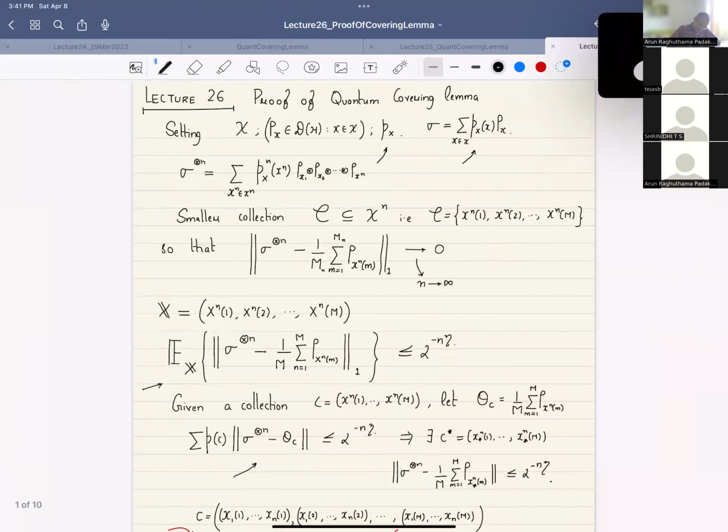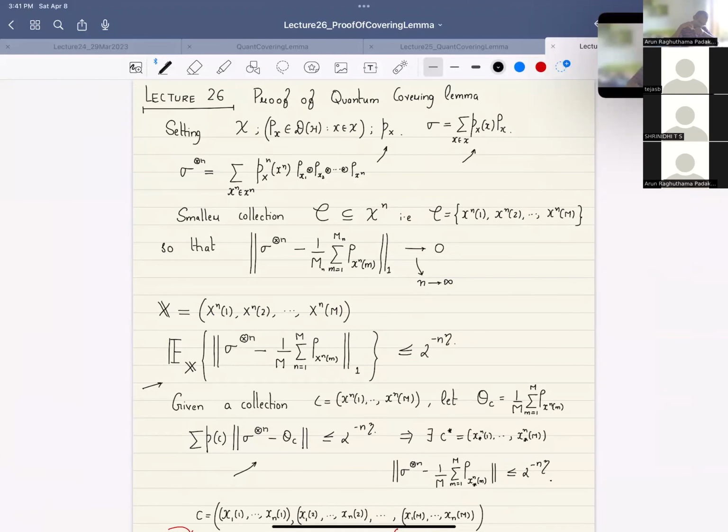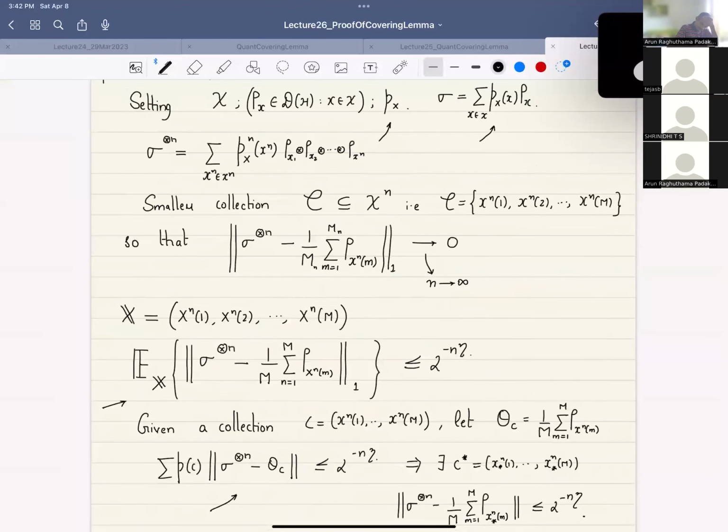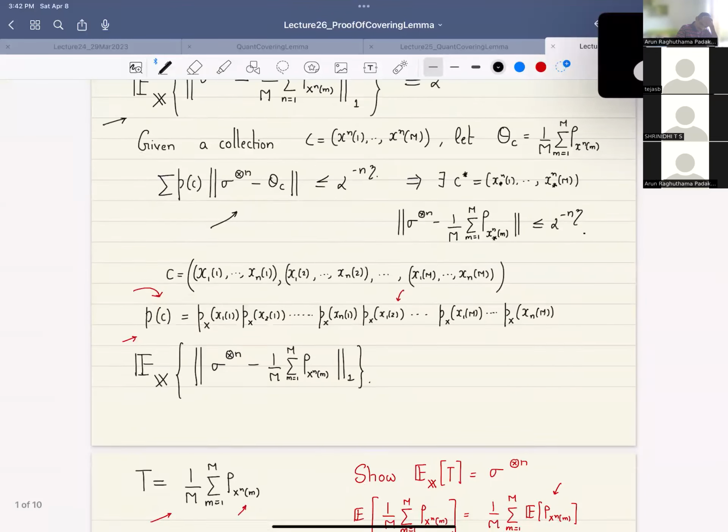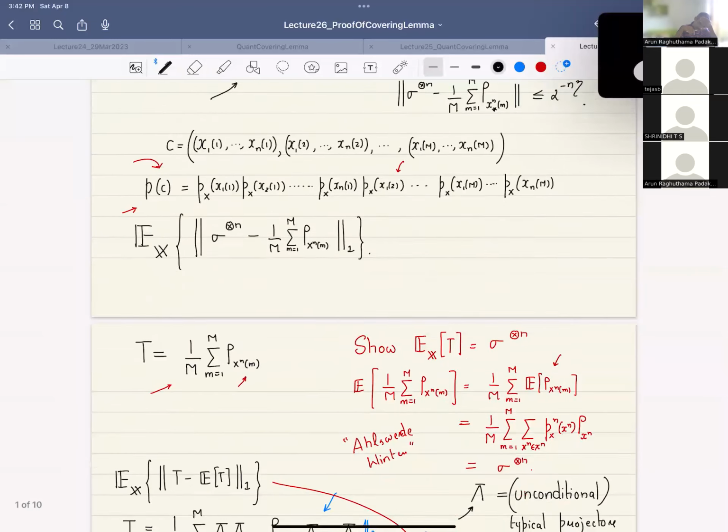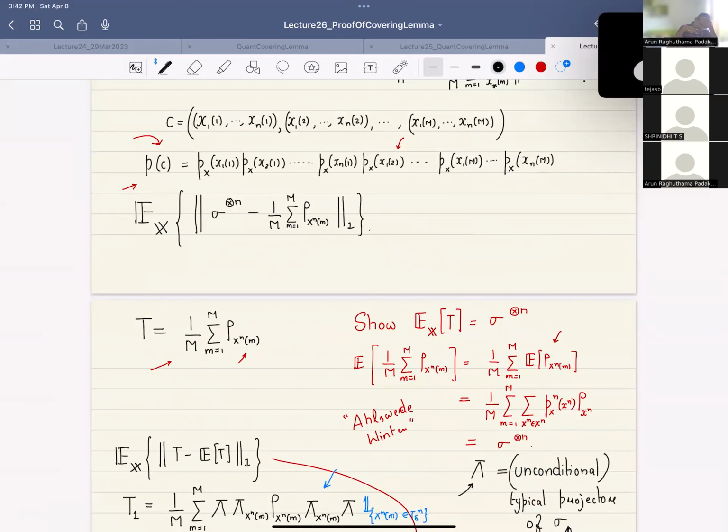Yeah, this part, slightly below this. Yeah, this part where you have the probability. Should that once more be xn of m in the second last red line which you have there? Expectation, here.